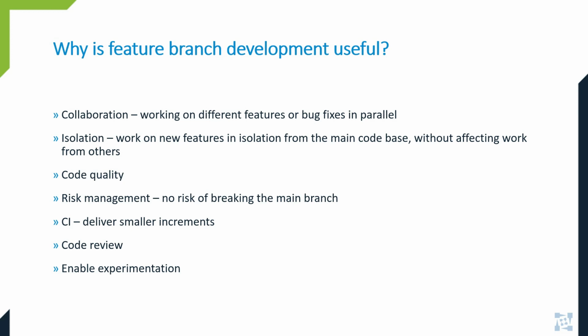This also reduces the risk of introducing defects in the main code base. That's point 2 here: you work in isolation. If you work on new features in the feature branch and make some mistakes, introduce some bugs maybe, the master branch will not be impacted by that.